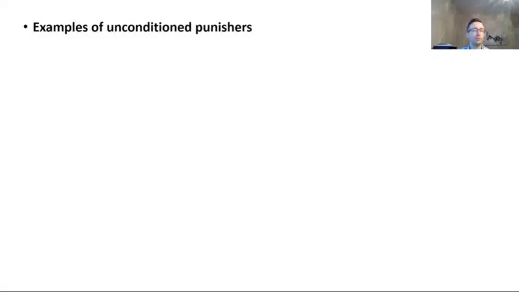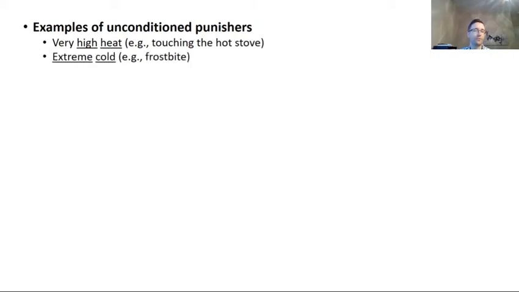Examples of unconditioned punishers: very high heat, such that touching the stove will result in contact with very high heat, which can very easily function as an unconditioned punisher for touching the hot stove in the future. Extreme cold, i.e. frostbite. Frostbite would be an unconditioned punisher for a behavior that resulted in being in an extremely cold environment.